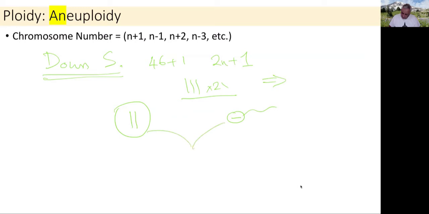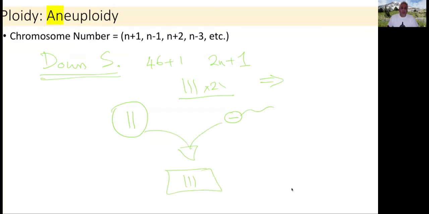So when that fertilization takes place, then the individual is born with 3 copies of chromosome 21, and we call that trisomy 21.